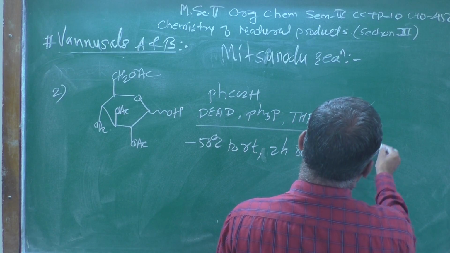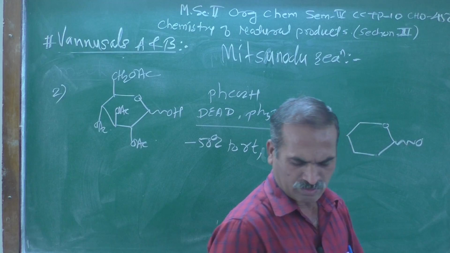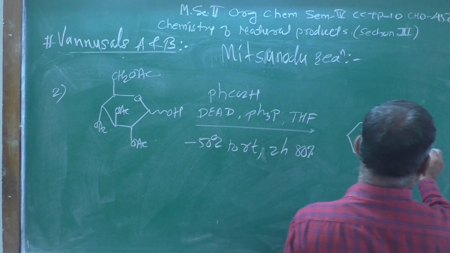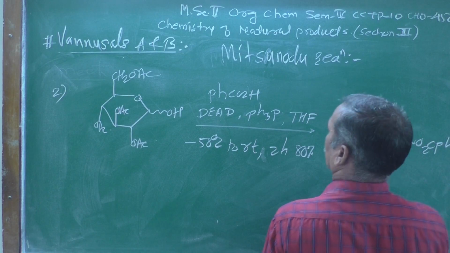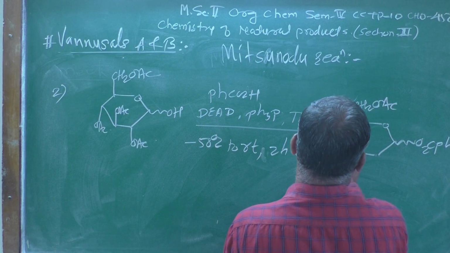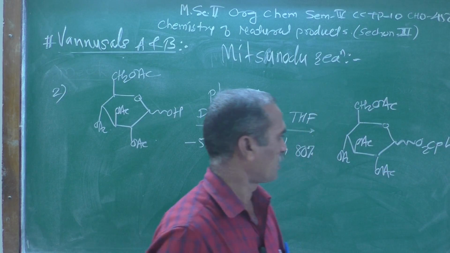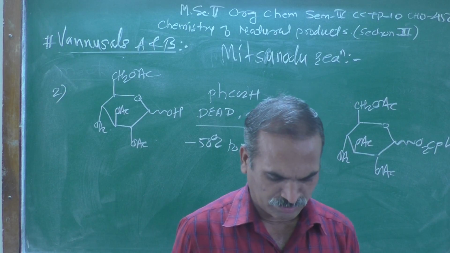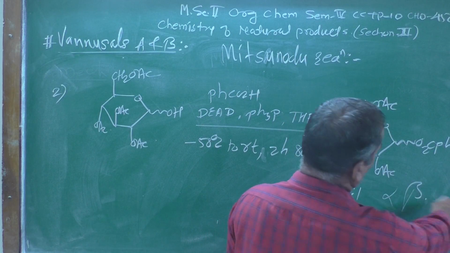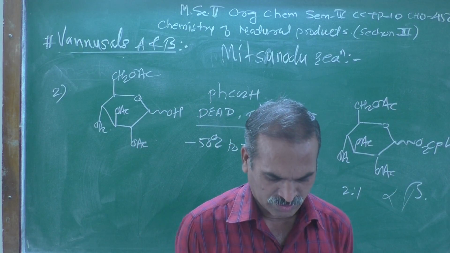So, here this one again O, then O to CPH, O to CPH, another part of the organic compound remains as it is. Here OAC, here OAC, here OAC, the acetyl group is still the protecting group over there, and we are getting about a 2:1 alpha beta type of isomer or the racemic mixture over here.